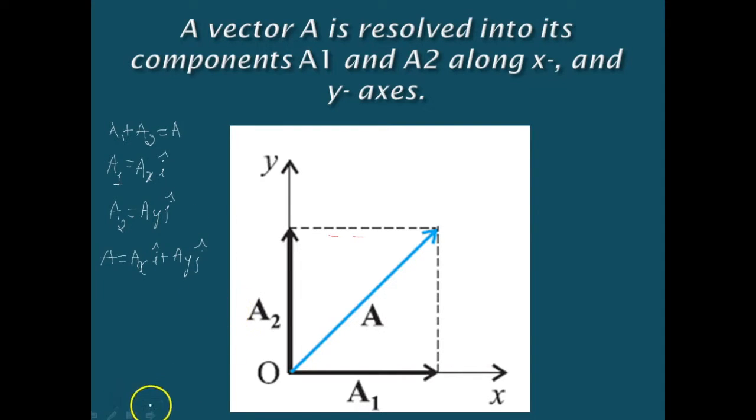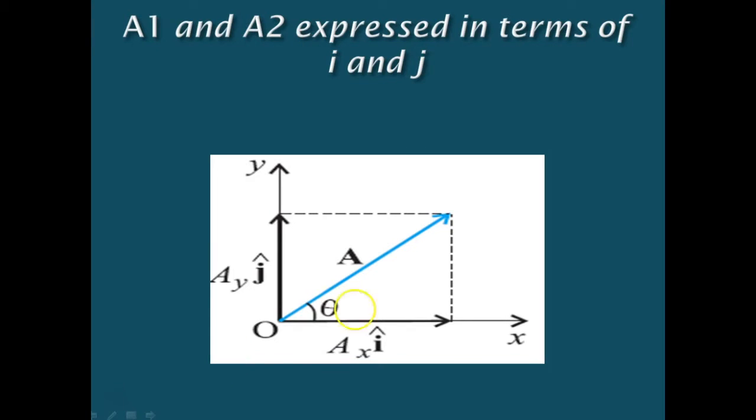So this one we can see in this figure. See, this vector A is resolved into two components, and those components lie along the unit vectors I told you before, and that are represented with ax into i cap and ay into j cap, isn't it? Using simple trigonometry, we can express ax and ay in terms of the magnitude of A and the angle theta.